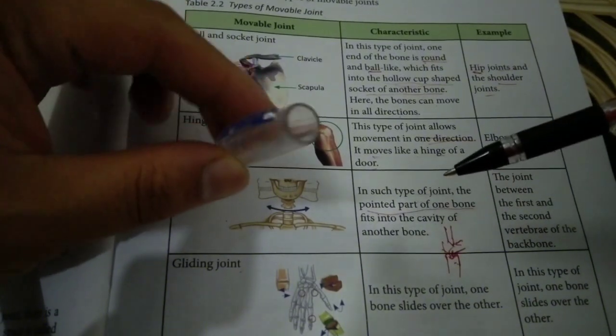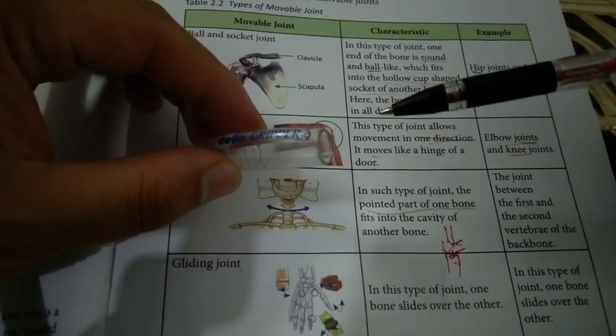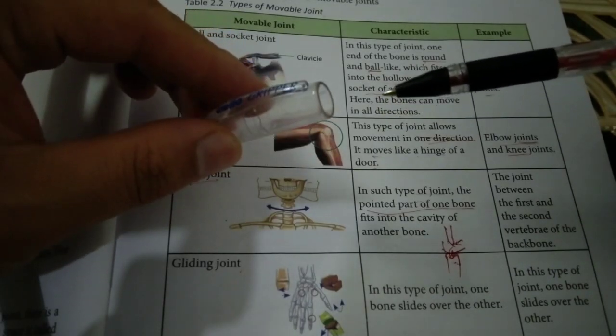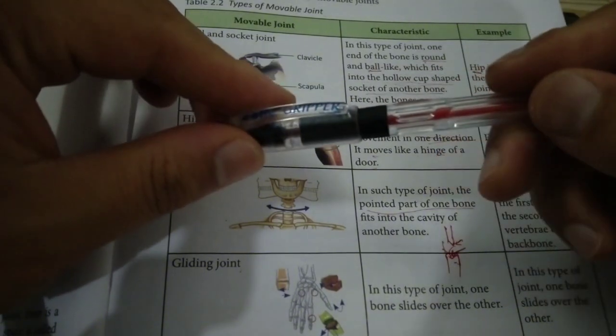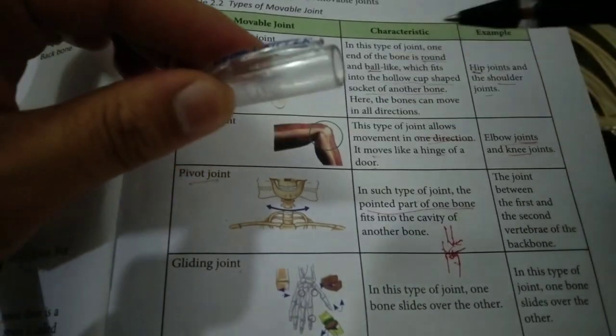The pointed part of one bone fits into the cavity of another bone. The pointed end of one bone fits into the cavity of another bone.